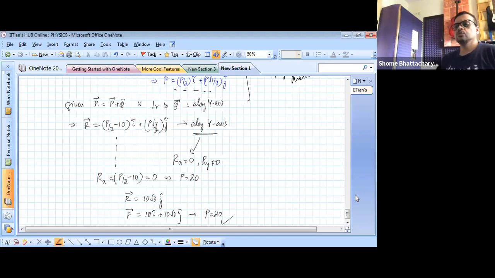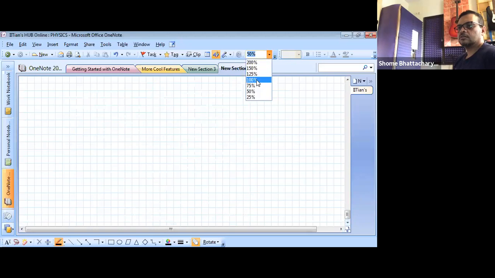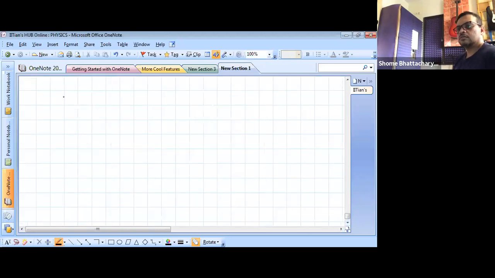Okay. So to do this geometrically, you'll have to understand that by triangle law, the angle between the vector P and Q is actually 120 degrees. Because this is 10.